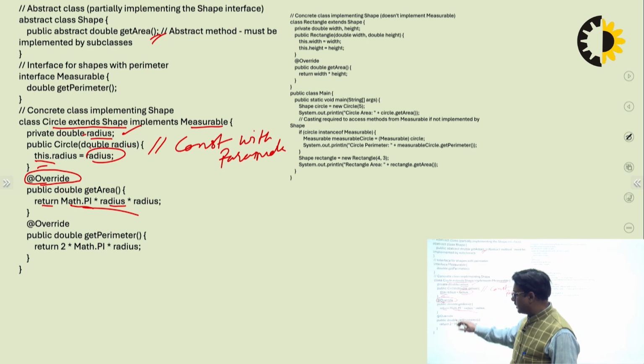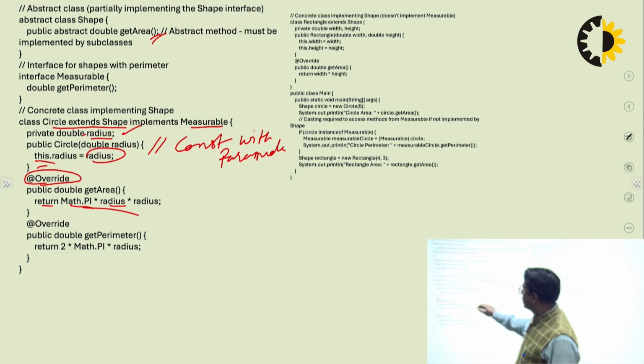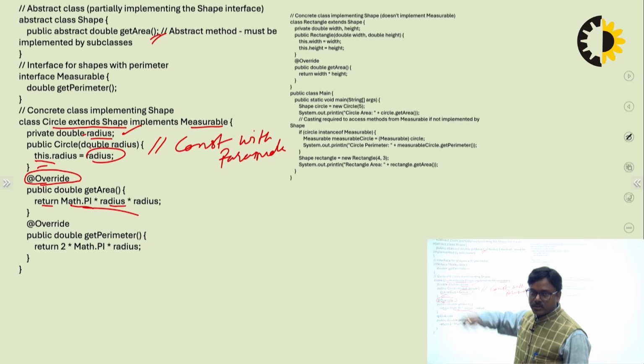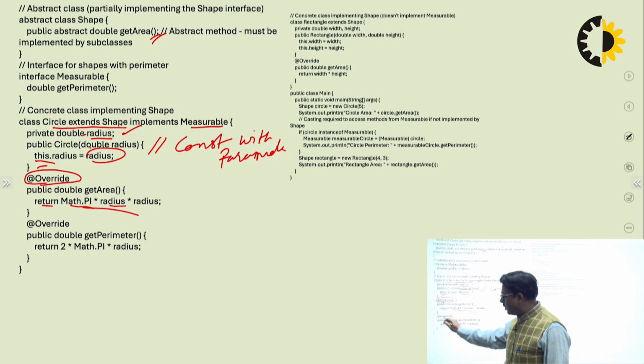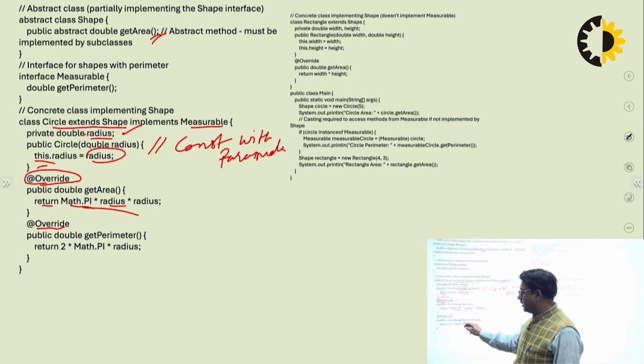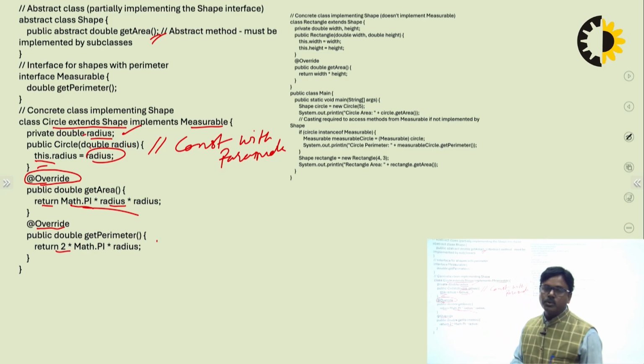Another one is there: this Circle contains getPerimeter, from the interface, which is also just like an abstract method. For that method, the definition is given here by using @Override: public double getPerimeter returns 2 * Math.PI * radius, that is 2 pi r.